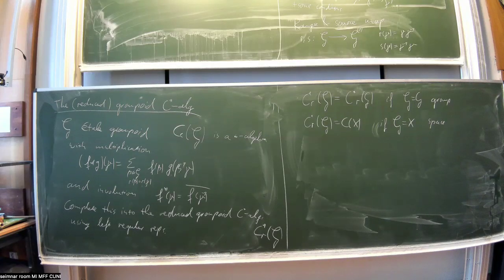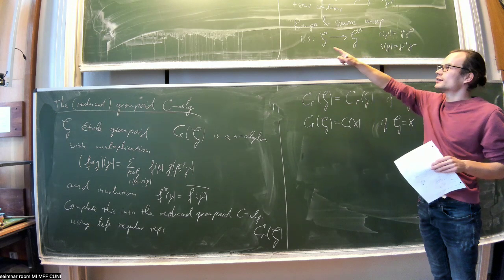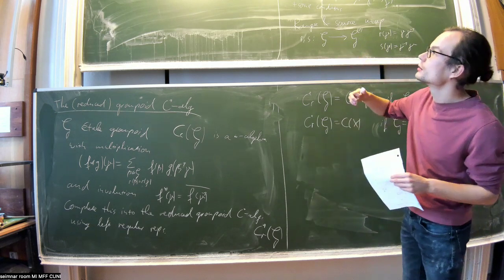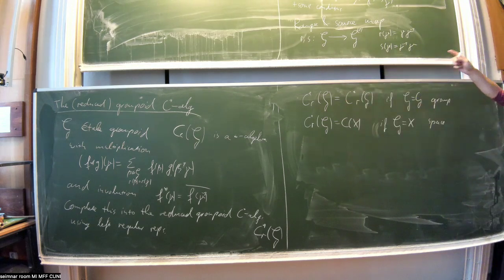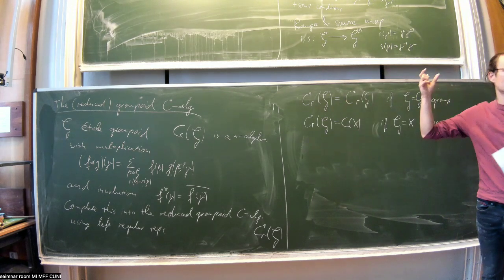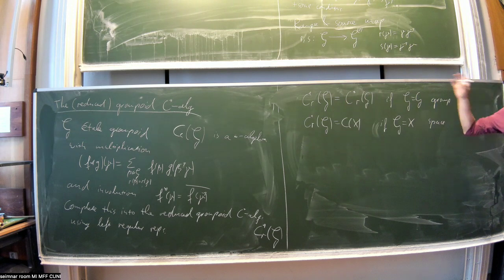Really quickly, as a teaser for John's talk, the way I wrote it, it's very tempting to make this some categorical thing, like a functor from the category of groupoids to the category of C-star algebras.